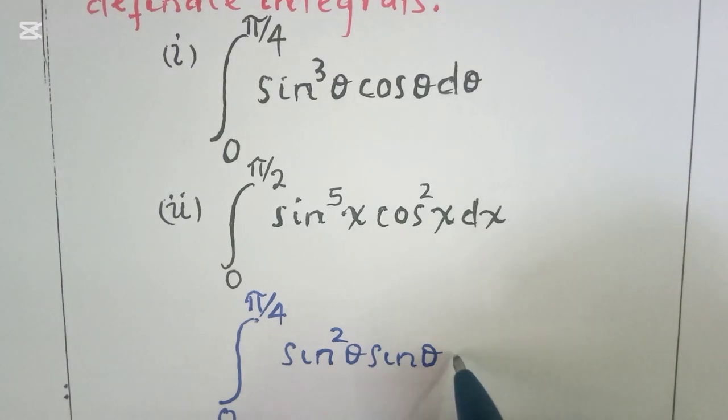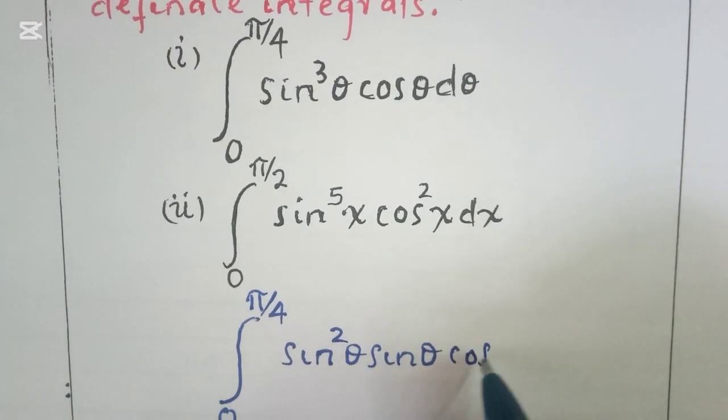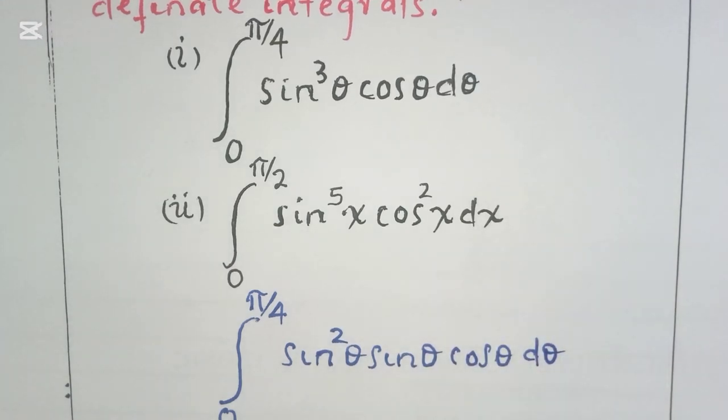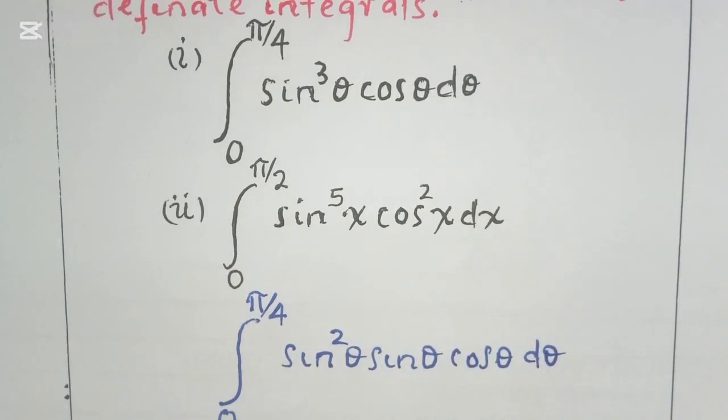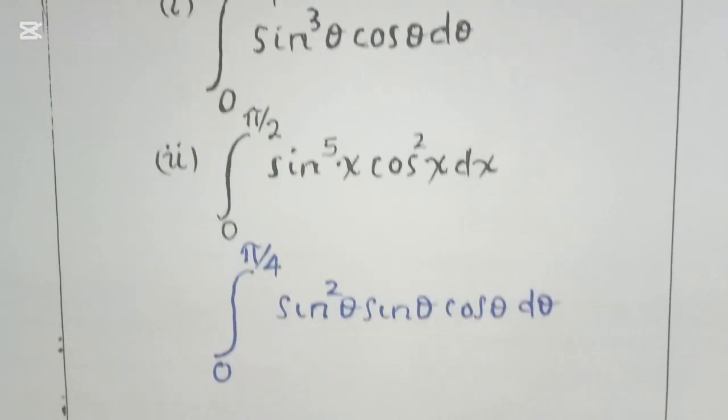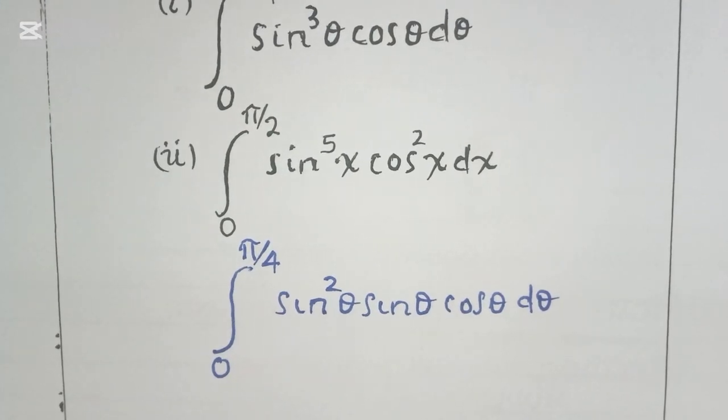And finally I can write cos theta d theta, like that. But guys, there is something I want to do, because I want to replace this cosine with u.